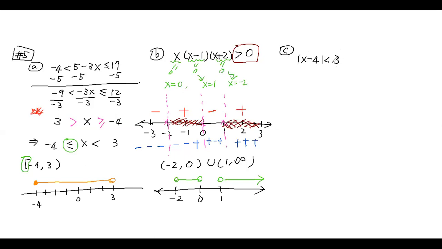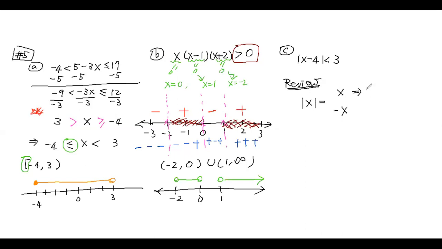In order to do this one, we need to review some absolute value properties. I don't know if you remember how we break the absolute value. If I set |x|, it will be equal to x by itself, or equal to negative x, right?